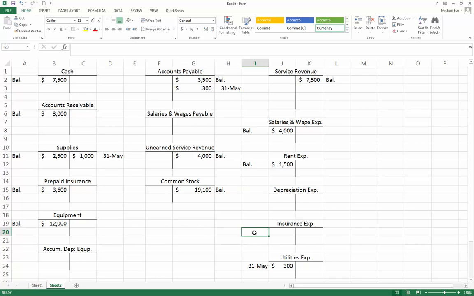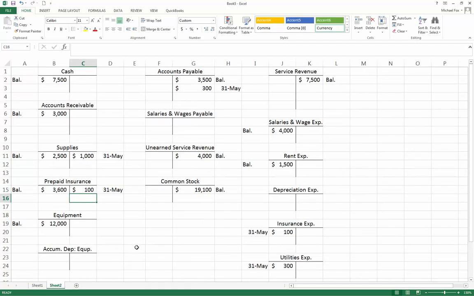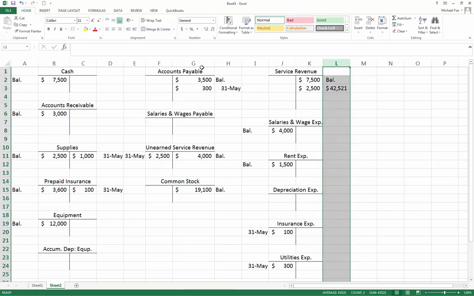So insurance expense, debit $100, and prepaid insurance, credit $100, and so forth. Unearned revenue 25, service revenue 25. So unearned revenue. And service revenue. Whoops, I didn't tell it that that was general as well.